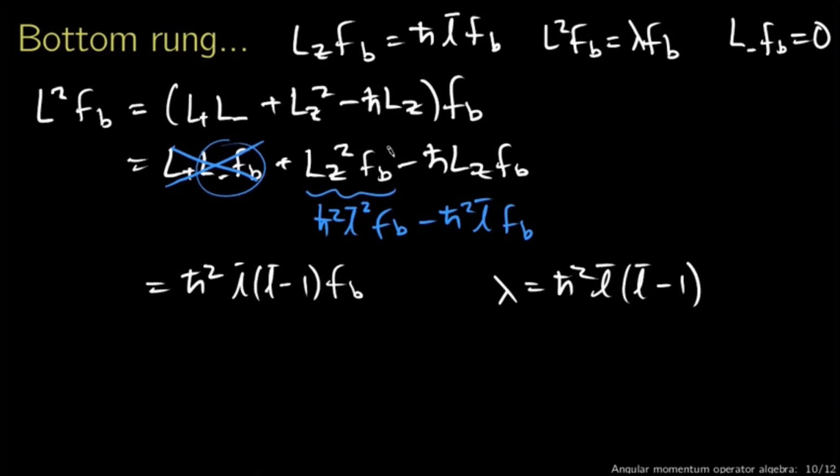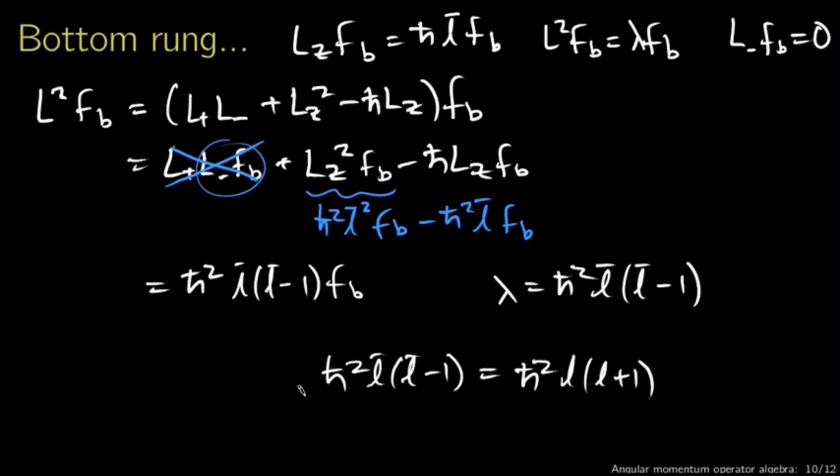Since I have a different state, I might in principle have a different eigenvalue lambda here, but since we know that we're going to go from the bottom rung of our ladder to the top rung of our ladder and back by repeated applications of the L plus and L minus operators, which leave this eigenvalue unchanged, they don't affect the eigenvalue of L squared, what I'm going to get is the same eigenvalue. So this tells me that h bar squared l bar times l bar minus 1 has to be equal to h bar squared l times l plus 1. And that's actually one of the key facts here.